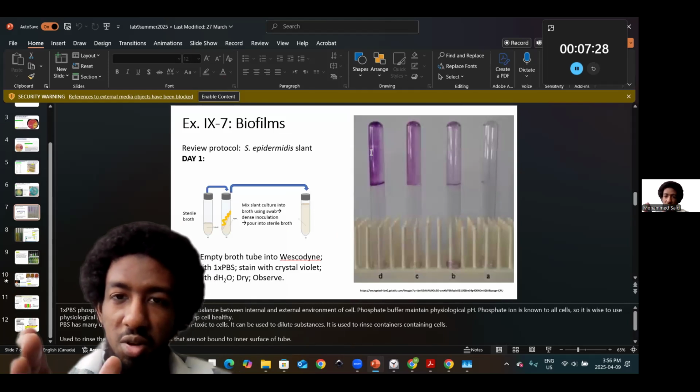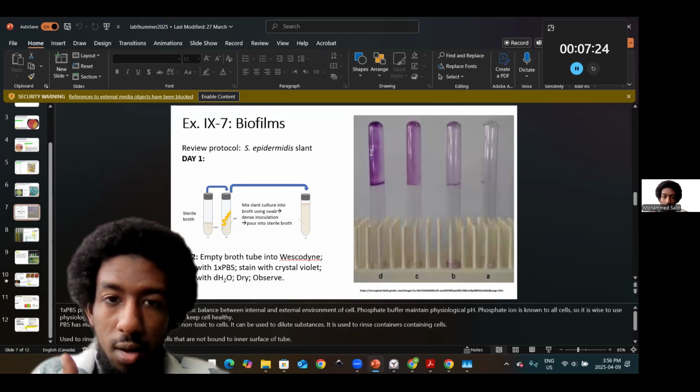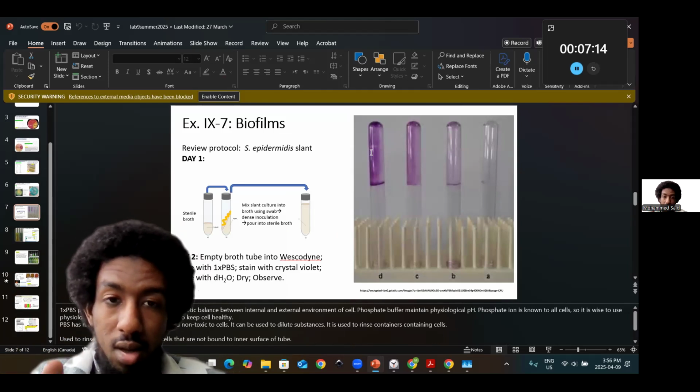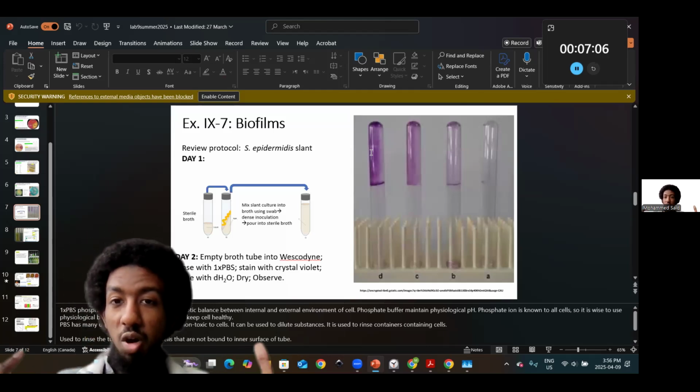Biofilms, briefly. Changes in biofilm appearance or biofilm generation or formation is exhibited by a change in the staining of your tube, right? Remember, these tubes, like in the case of Staphylococcus epidermidis, a gram-positive bacteria, are able to grow, right?